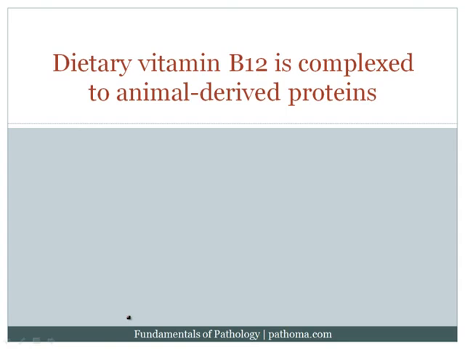Once it comes into the body, however, vitamin B12 will be cleaved from those animal proteins and will be bound by a protein called R binder. Now, R binder is actually produced by the salivary gland, and so the salivary gland has the job of producing this protein that will then be complexed to vitamin B12.